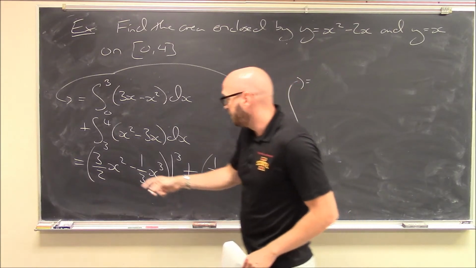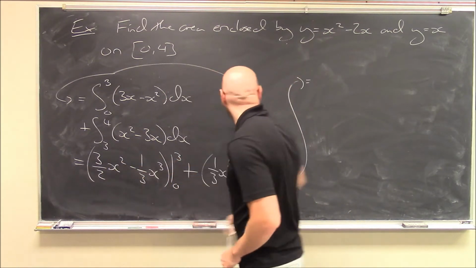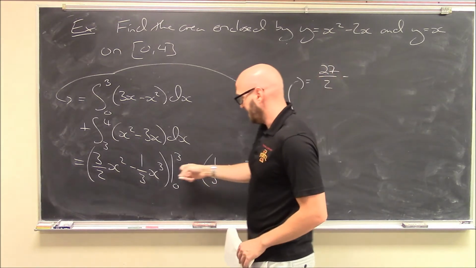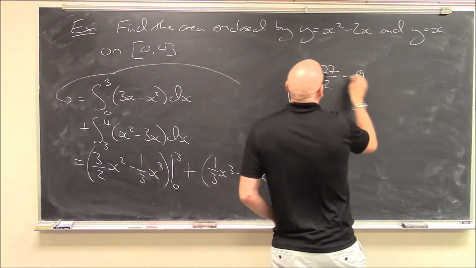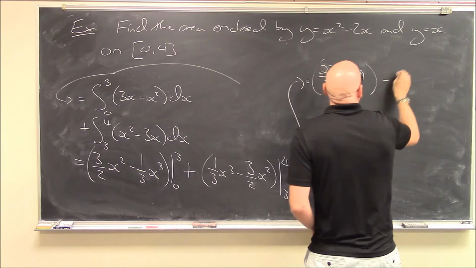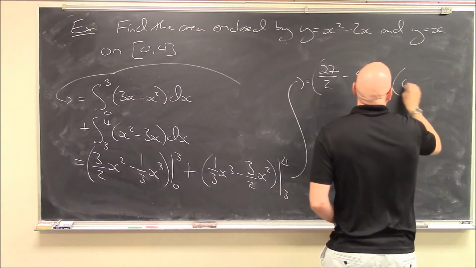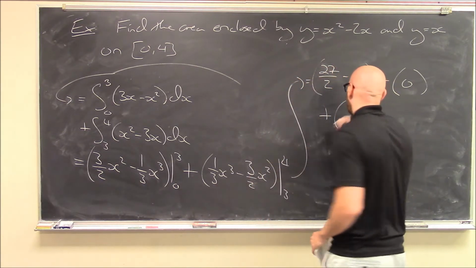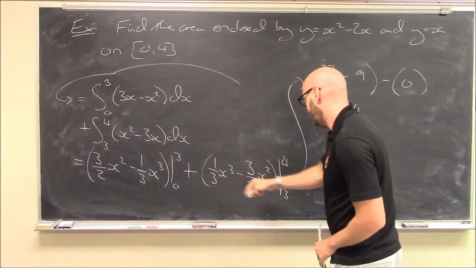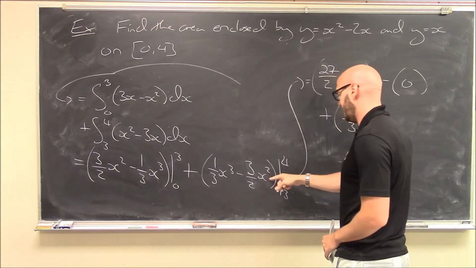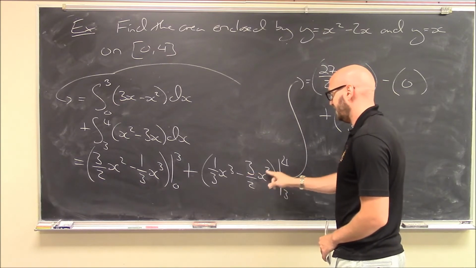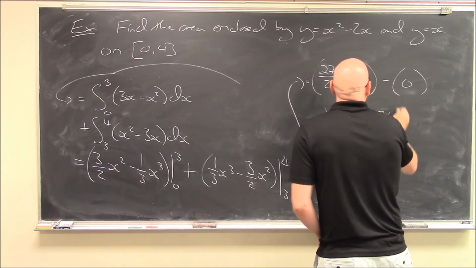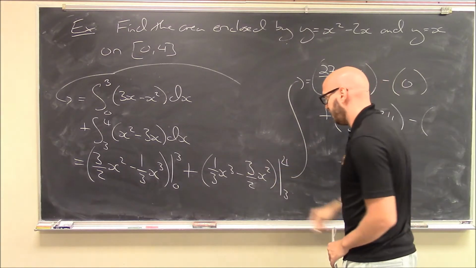So you plug in these values, we've got 3 times 9 over 2 is 27 over 2, minus 27 over 3 is minus 9, minus plug in 0, you just have minus 0, plus, now we plug in 4 cubed over 3, 64 over 3, plus 3 halves times 16, so that's 16 over 2 is 8, 3 times 8 is 24, minus whatever you get when you plug in 3.